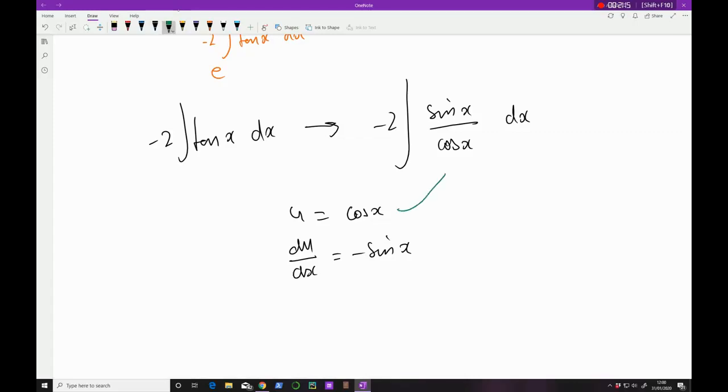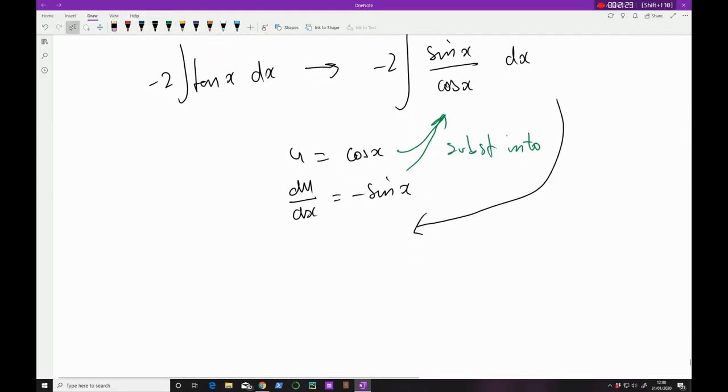So when I substitute both of these in, I am going to end up getting 2 times 1 over u du, because the negatives cancel, and you're just getting 1 over u, which integrates to 2 ln u, which therefore when you substitute the cos x back in, you get 2 ln cos x.